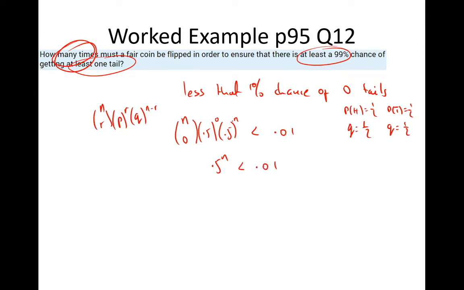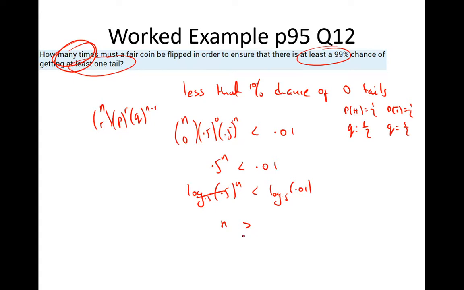Go back to logs. If I want to get rid of this base here, log to the base 0.5 of 0.5 to the n, log to the base 0.5 of 0.01. So in this case now, they'll cancel n, and you're going to switch your sign, because don't forget log to the base 0.5 will be negative, so therefore we're dividing by a negative, so the sign switches over.